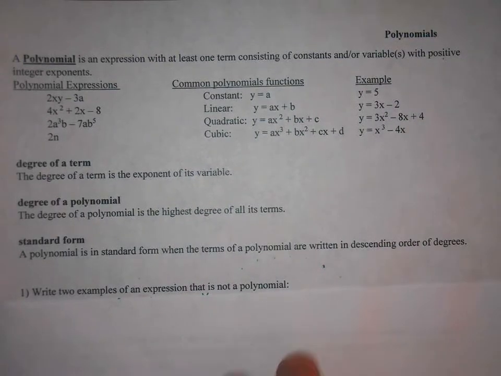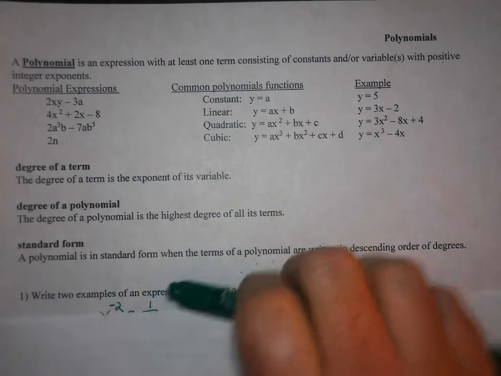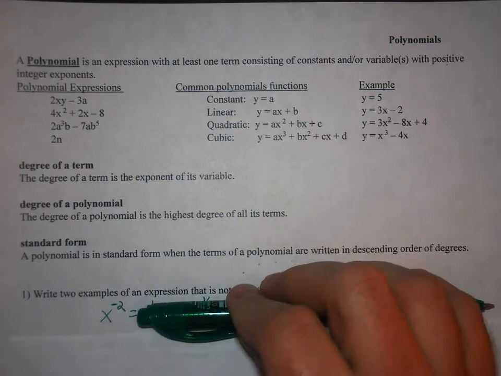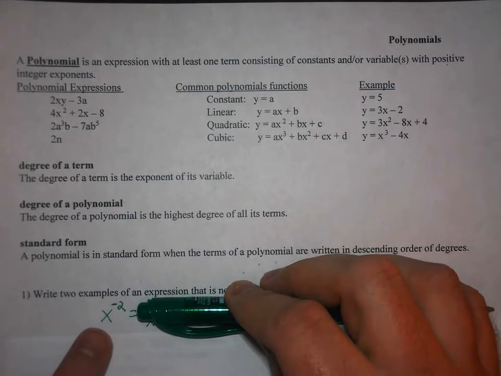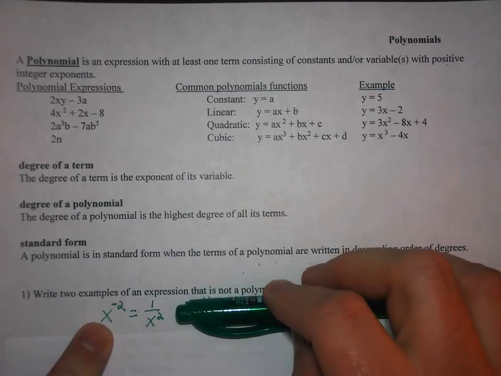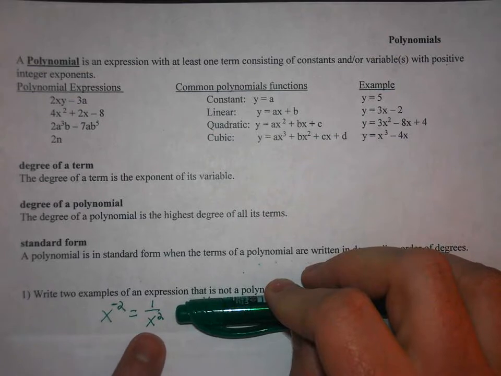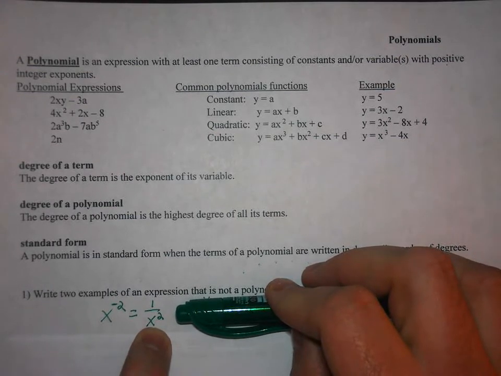An example of that would be x to the -2. That's a negative integer exponent. Now, I don't expect you to know this at this point, but x to the -2 is really 1 over x squared. And the reason I'm bringing this up is because if you have an x in the denominator, that means you're not going to have a polynomial.